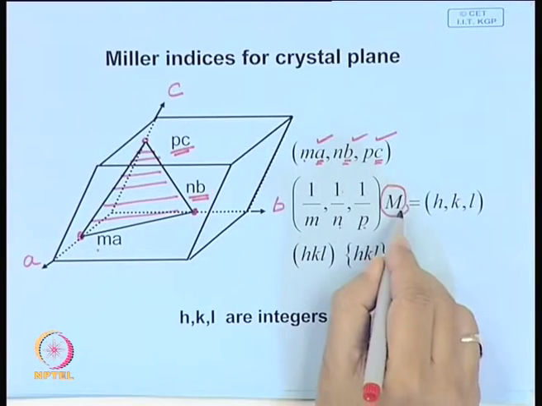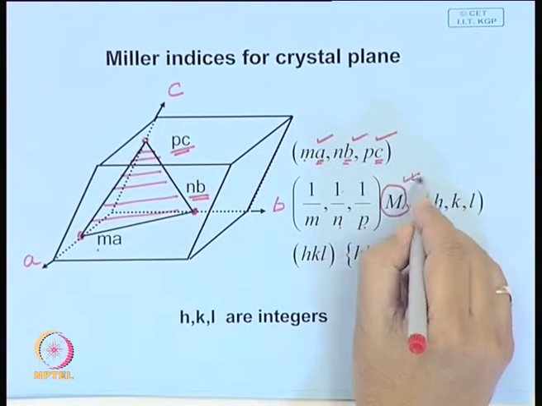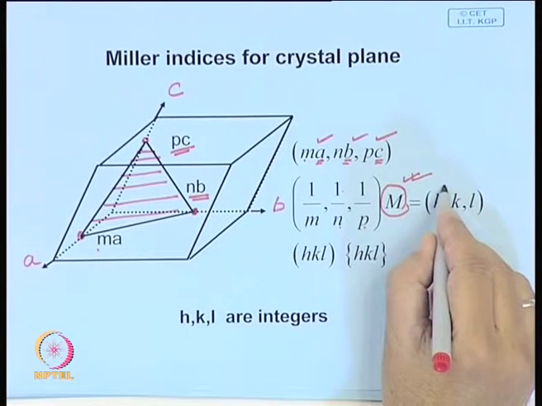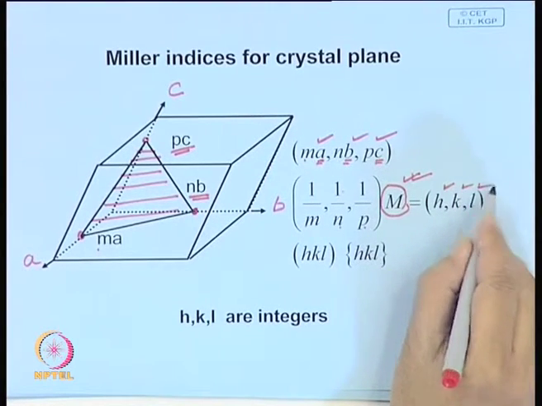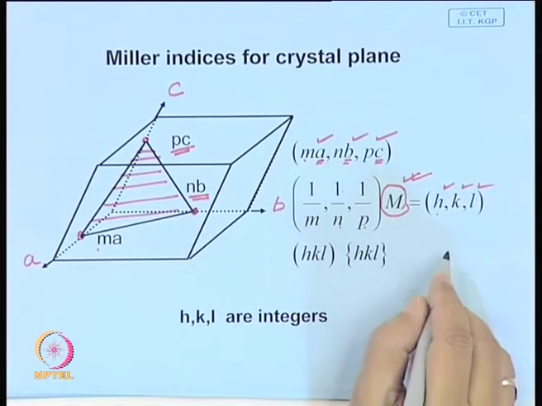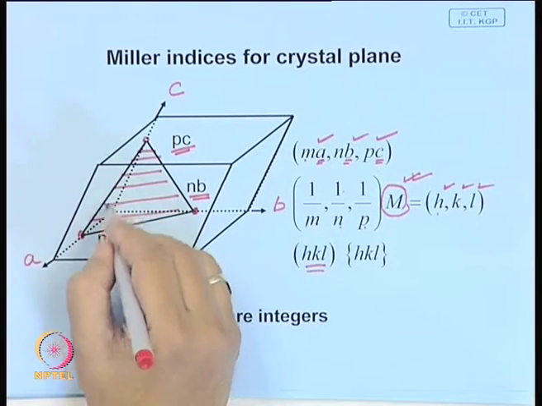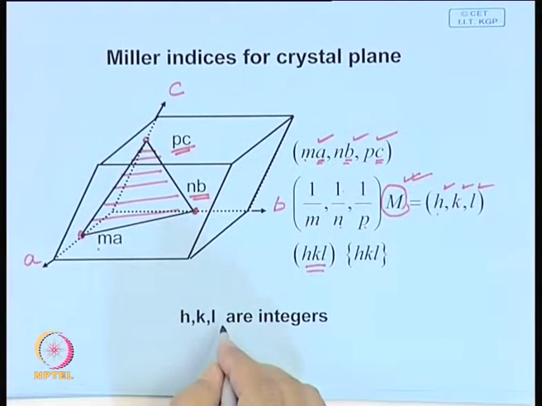You choose this multiplier in such a way that this reduces to integer numbers h, k, l. So, h, k, l are integers, and this is called the Miller indices of this particular plane.